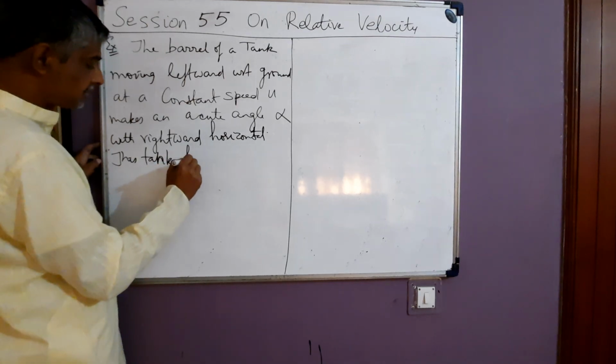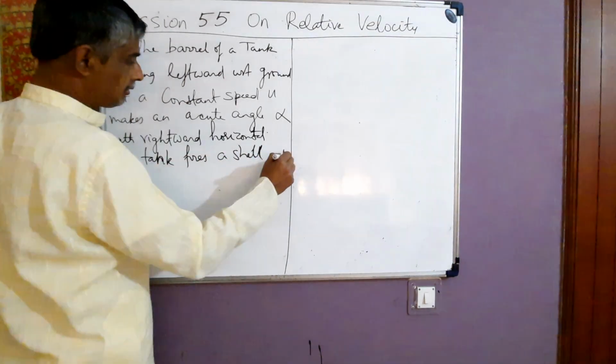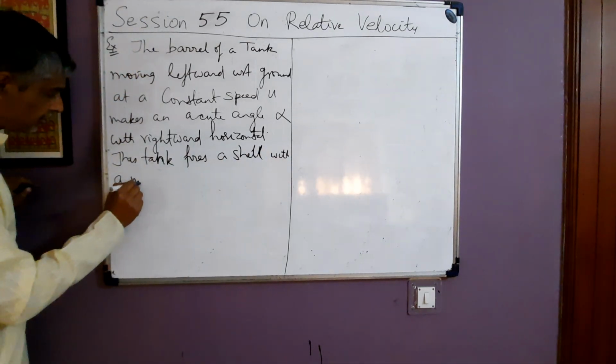This tank fires a shell with a muzzle velocity of 3u.